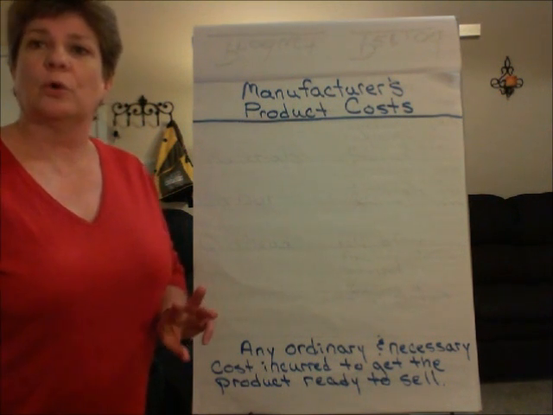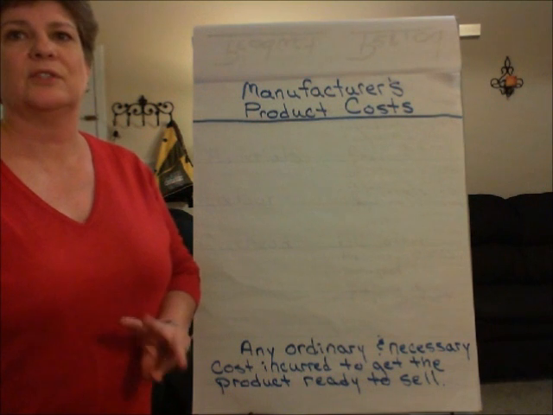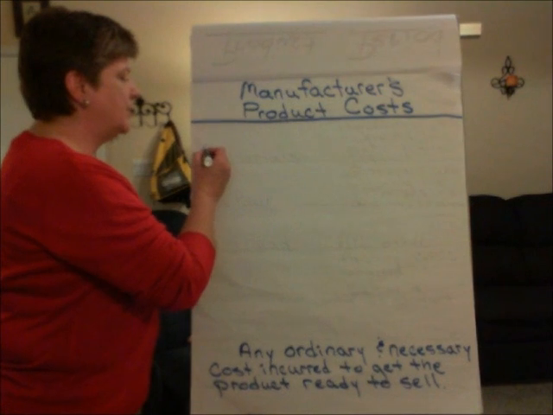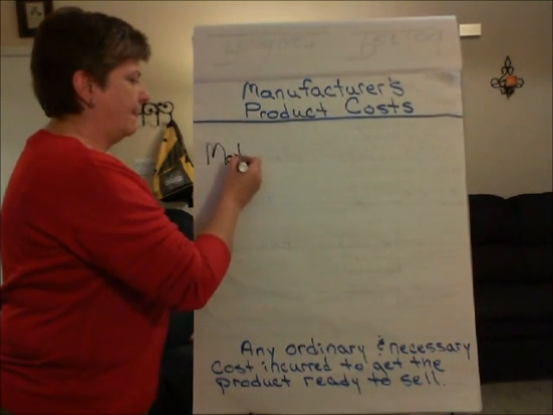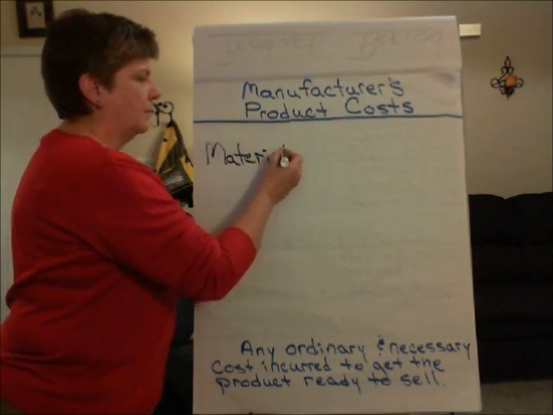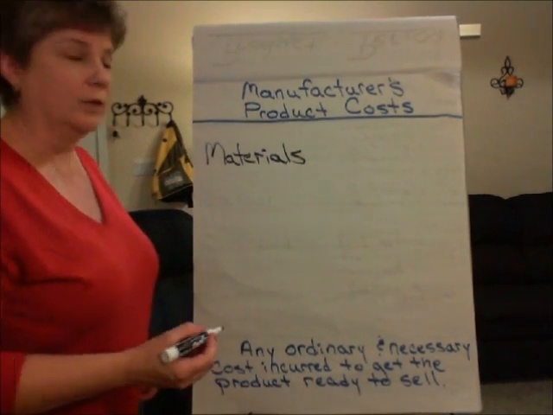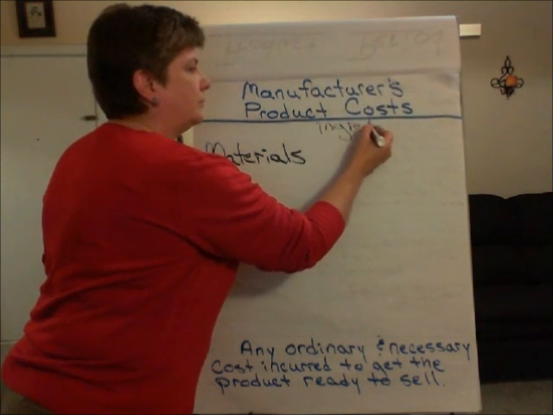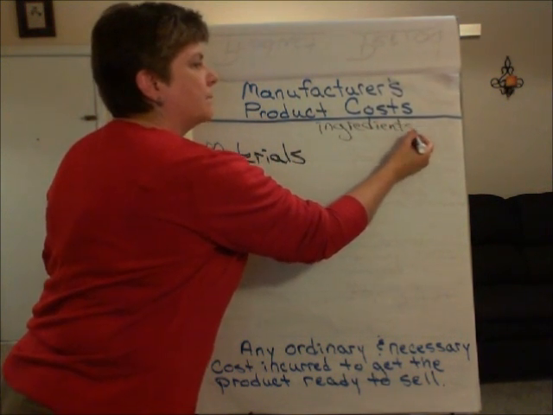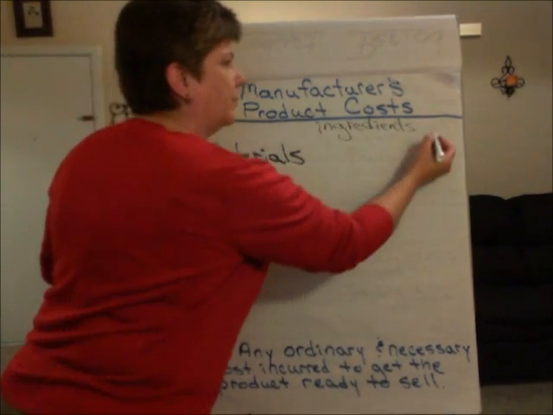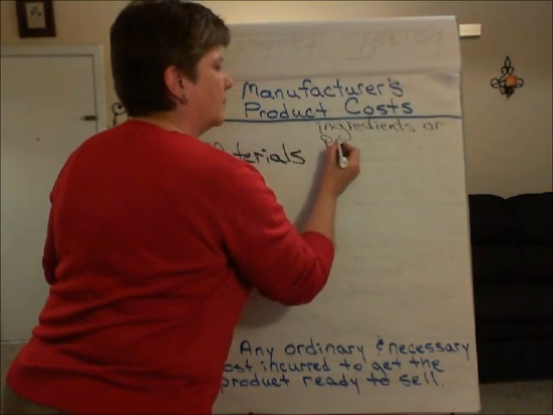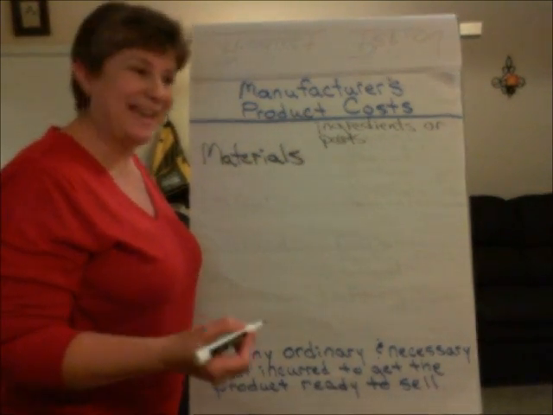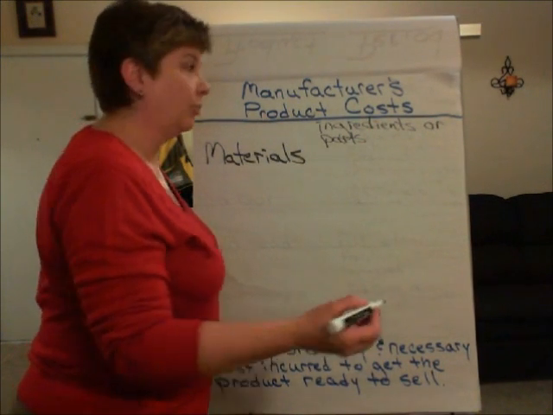Now, a manufacturer has three categories of product cost. The first category is materials. Now, materials are the ingredients or the parts required to make a finished product or a final product.